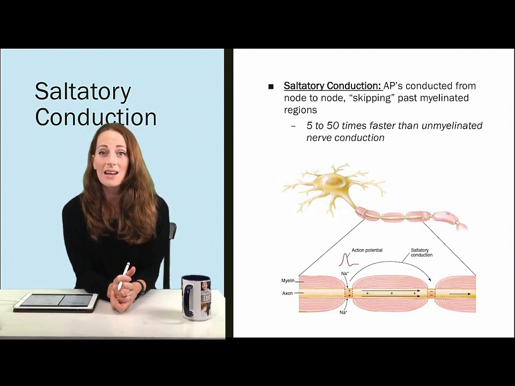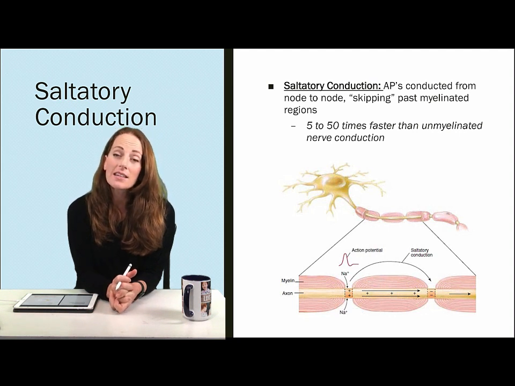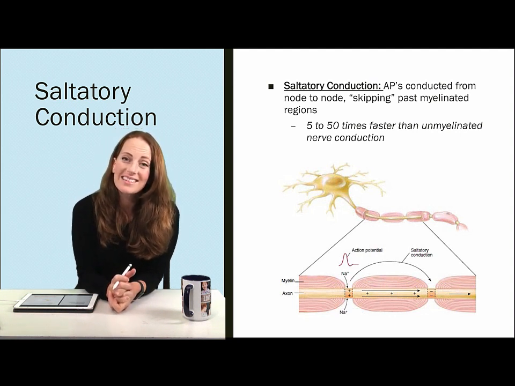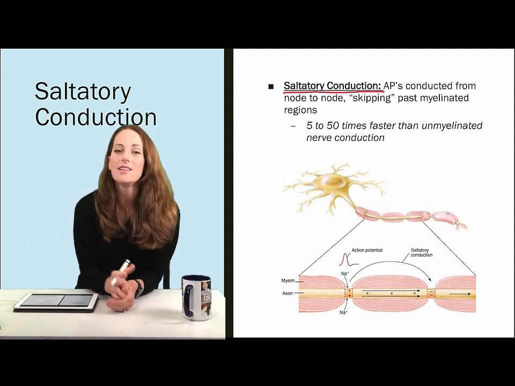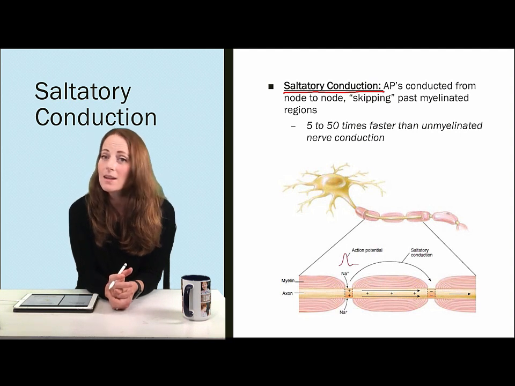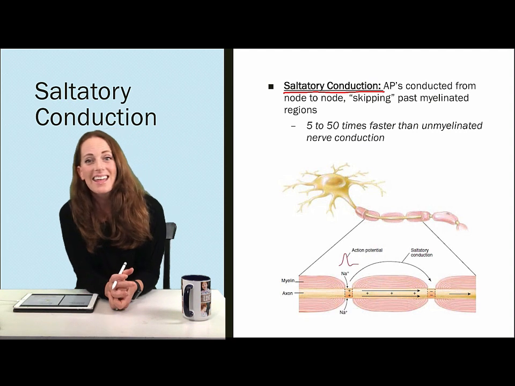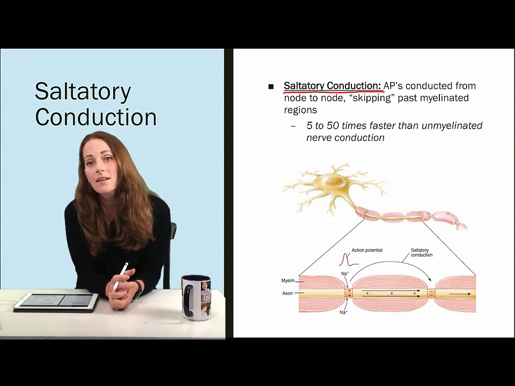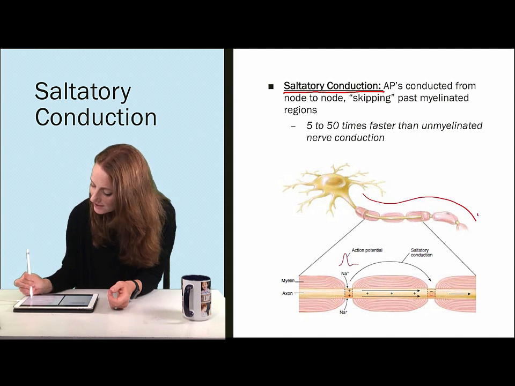So myelinated neurons are neurons that need to signal fast and across long distances. They use this saltatory conduction to very quickly conduct their action potentials from node to node, skipping from one end of the axon to the other end of the axon to propagate that signal all the way down to the next cell.